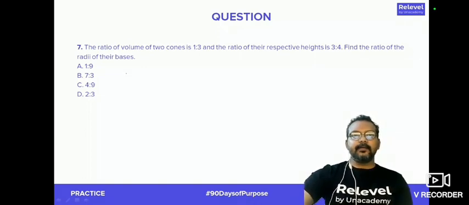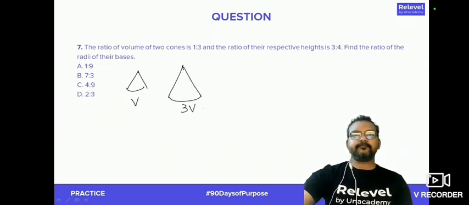So the volumes of the two cones, the small cone and the big cone, let's say is V and 3V. Now the heights are given in the ratio of 3:4. That means if this height is, let's say, 3h, then this height is obviously 4h.